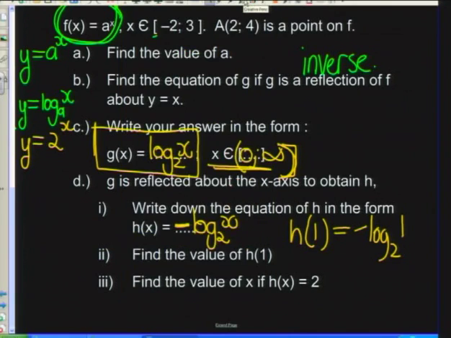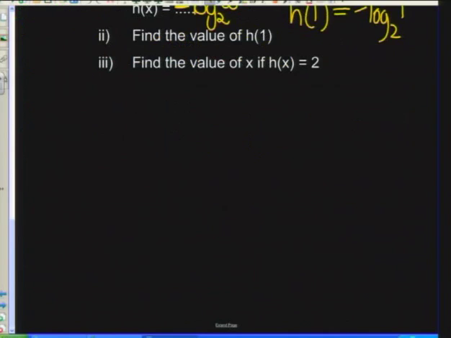The next question says, find the value of x if h of x is equal to 2. Now, I'm going to leave the calculator out of this now. I'm going to say, right, h of x is minus log to the base 2 of x.